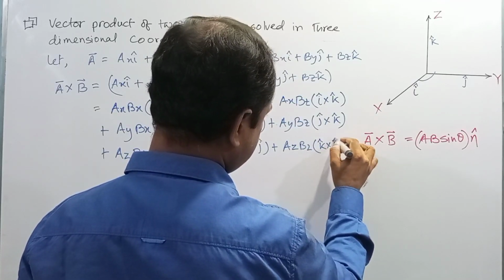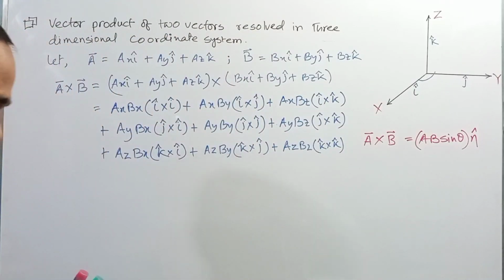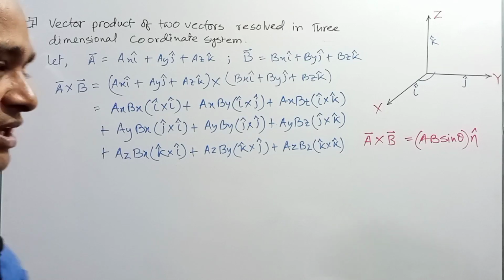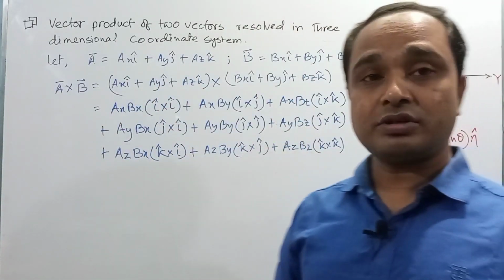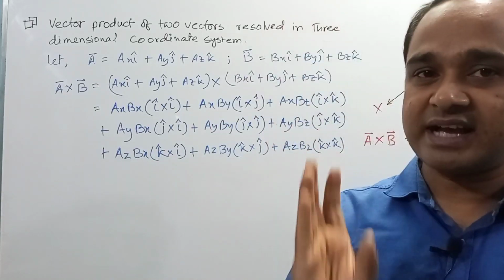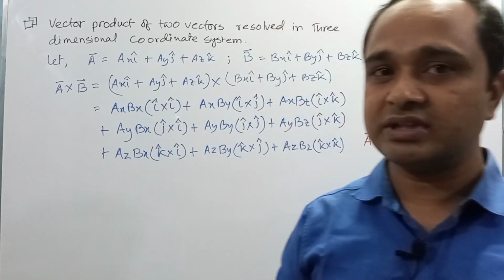In your previous calculation we have already learned that when we take the cross product of two similar rectangular unit vectors, that is i cross i, j cross j, k cross k, this will give 0.